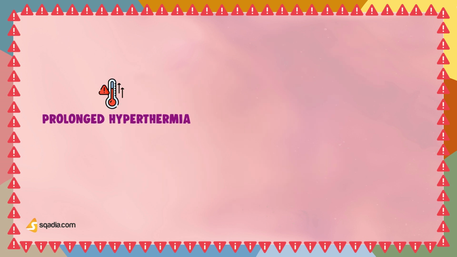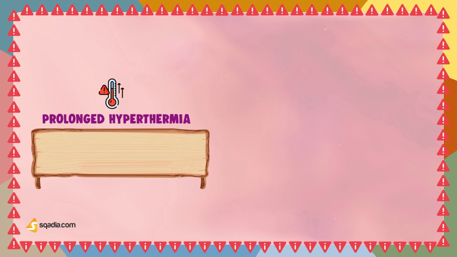Prolonged hyperthermia in early pregnancy can cause microcephaly. Microcephaly is a condition where a baby's head is much smaller than expected. Microphthalmia. Microphthalmia is when one or both of a baby's eyes are small. Both conditions are rare and can cause vision loss or blindness. And neuronal migration defects.